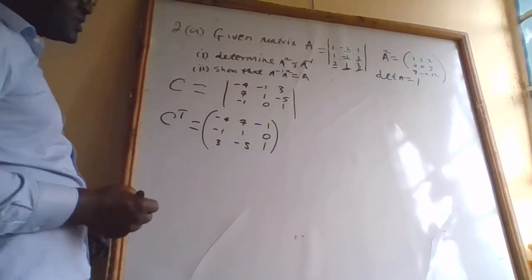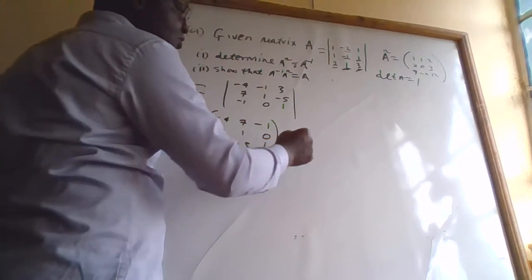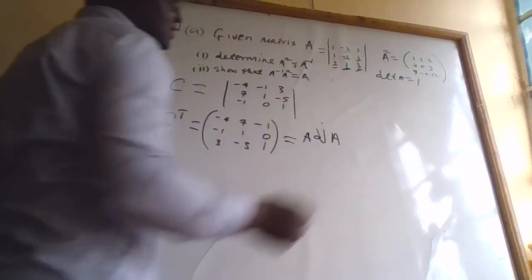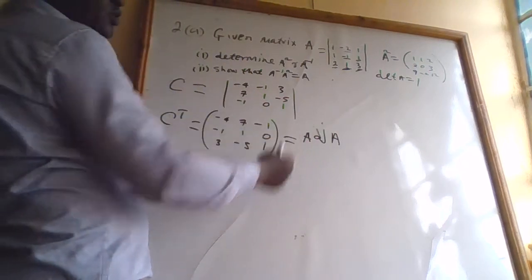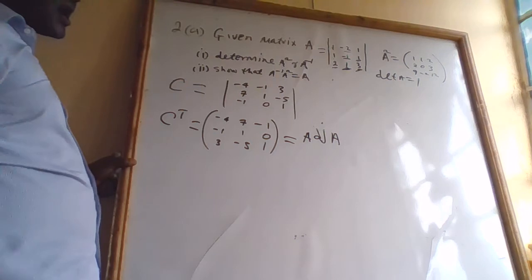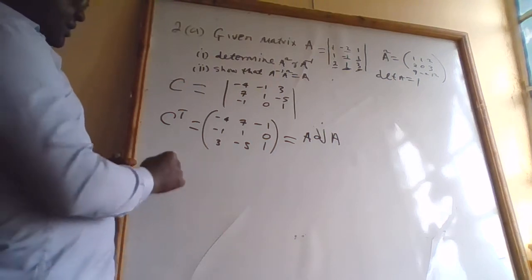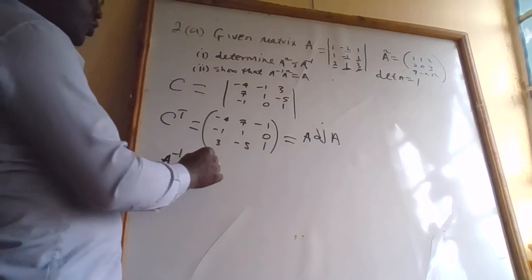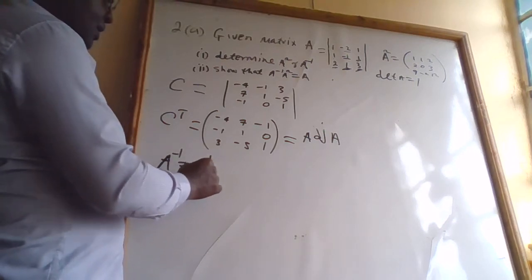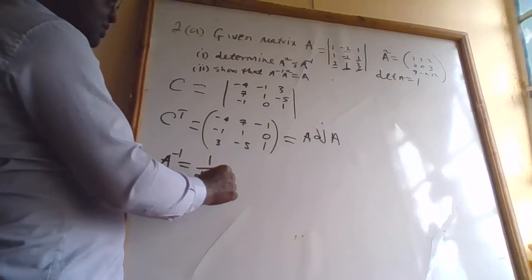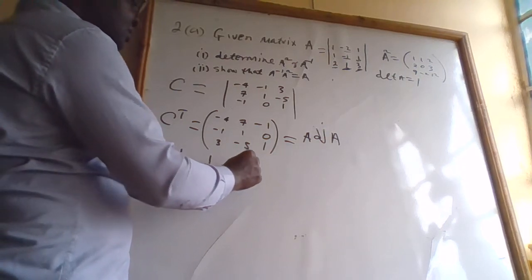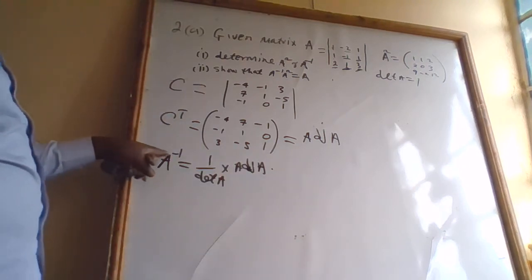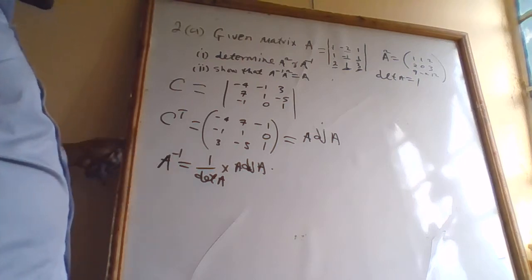So once you transpose this matrix, this one equals the adjoint of matrix A. And we know that the inverse of A equals 1 over determinant times adjoint matrix. You will be able to get the inverse of a given matrix.